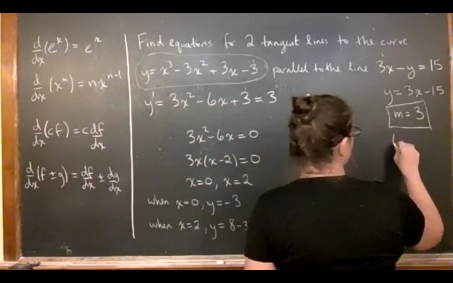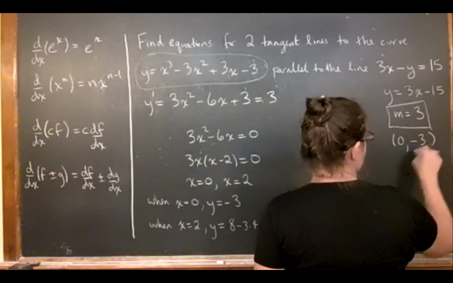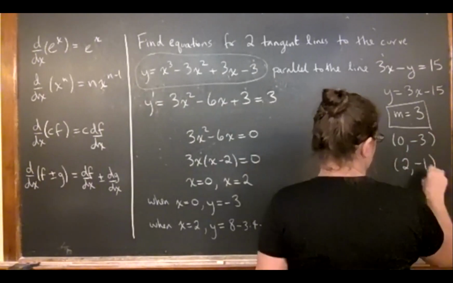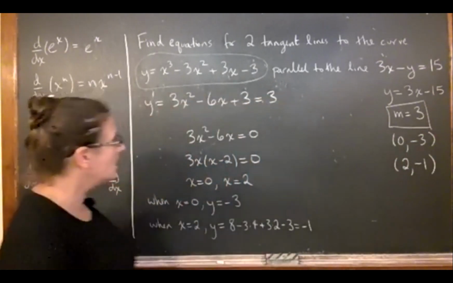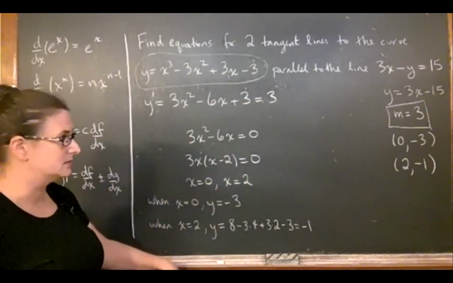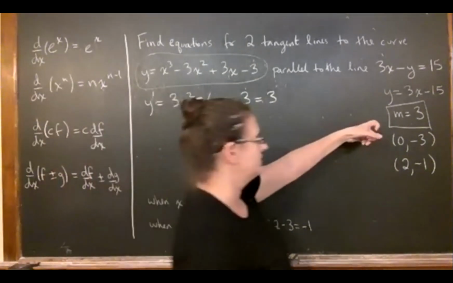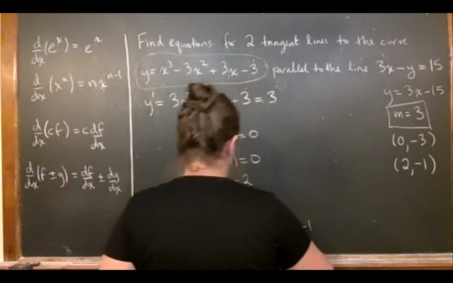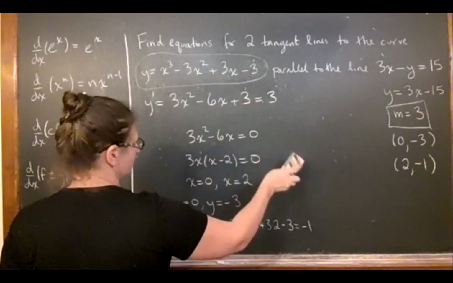Or maybe I'll write them over here. And now I want to find the equations of the lines. 2 lines with slope 3 that each go through one of those 2 points.